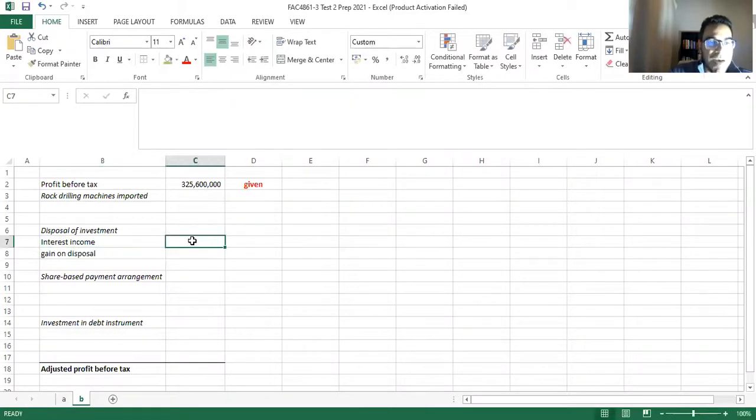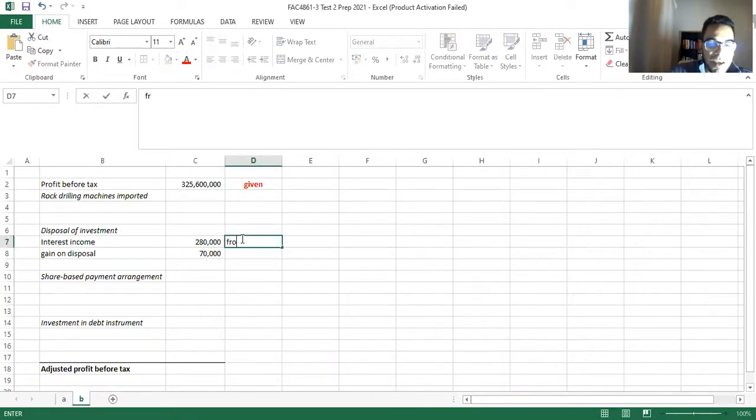The interest income is an income of 280. So it increases profit or loss, therefore we have it as positive. The gain was a gain, increases profit or loss. So therefore it is positive.